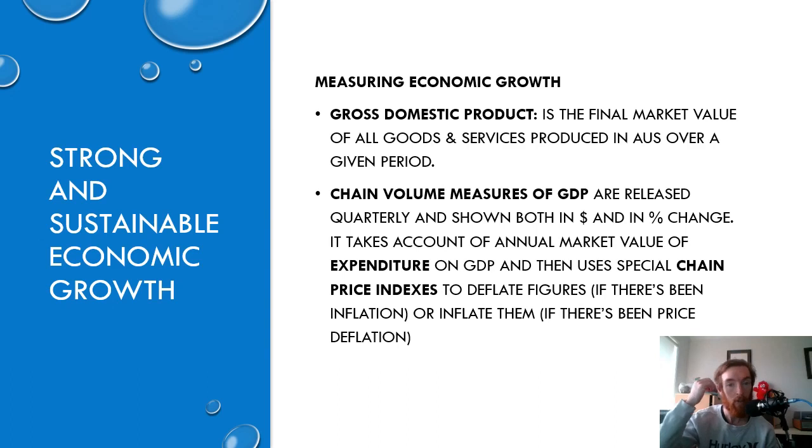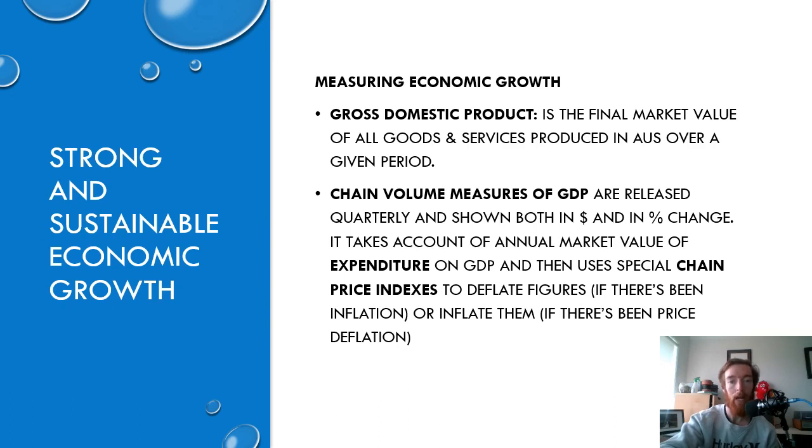And so we've got chain volume measures of GDP, which are released quarterly and shown in both a dollar value and percentage change, which takes into account the annual market value of expenditure on GDP, and then uses special chain price indexes to deflate figures if there's been inflation, or inflate them if there's been deflation.